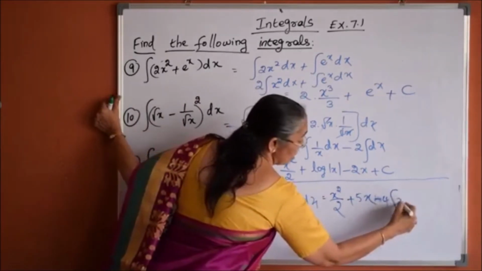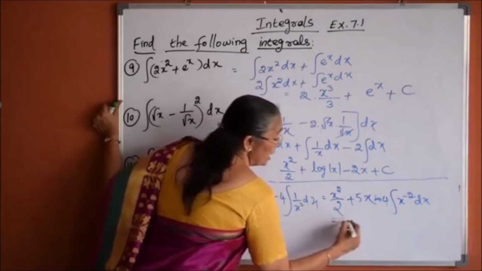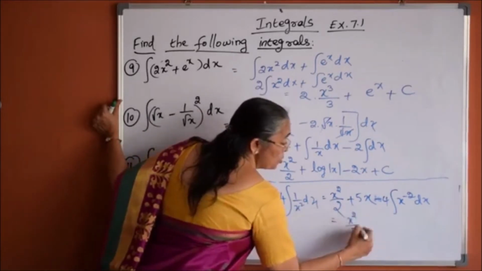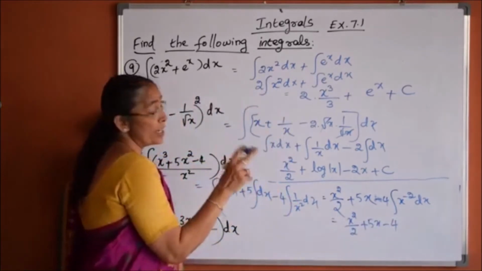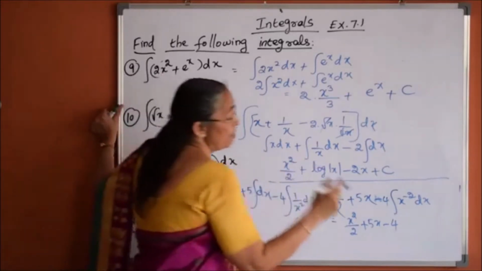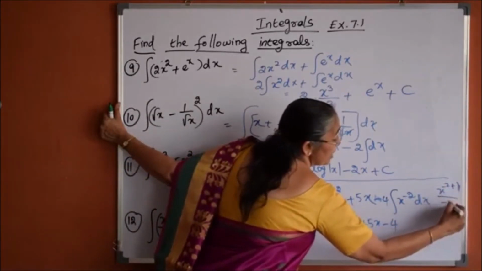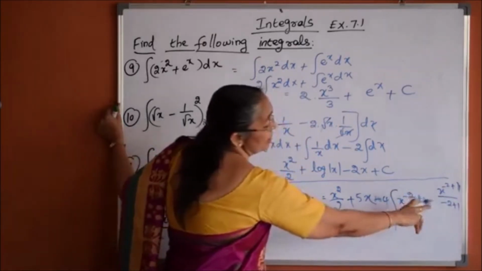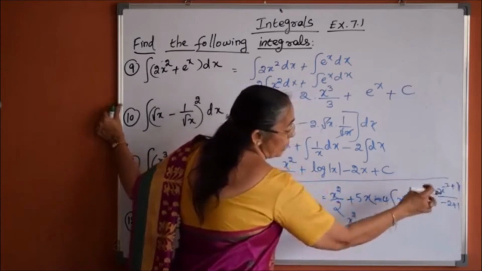We can bring x square to the numerator, which is x to the power of minus 2 dx. So we will get x square by 2 plus 5x minus 4, x to the power of minus 2 dx. Integration is x to the power of minus 2 plus 1 by minus 2 plus 1, that is minus 2 plus 1 is minus 1, and this one is x to the power of minus 1.